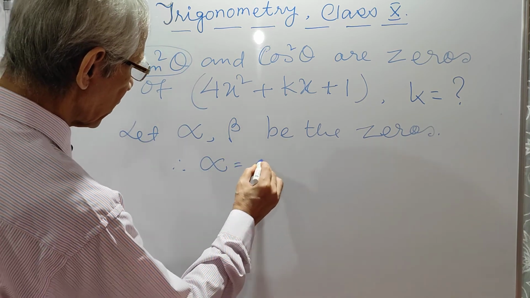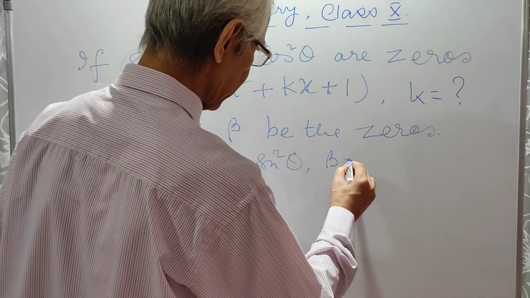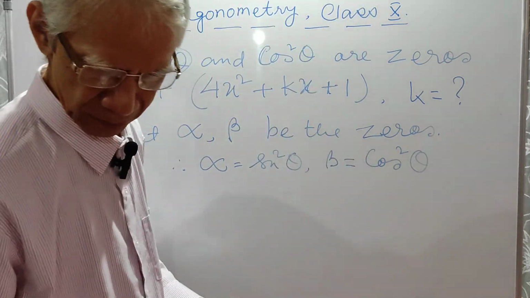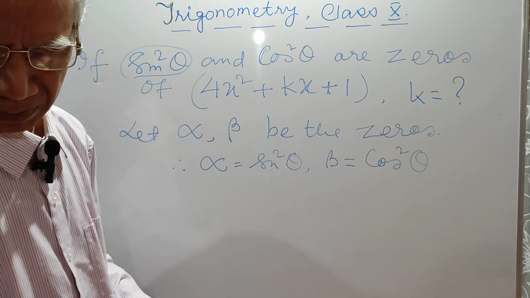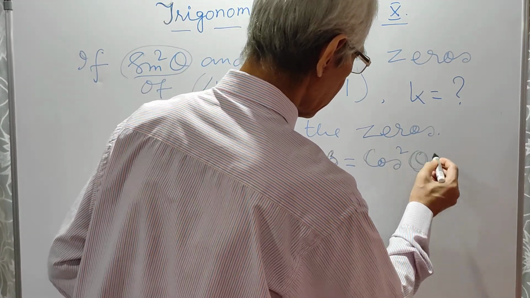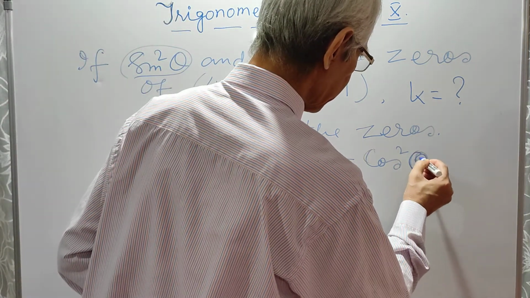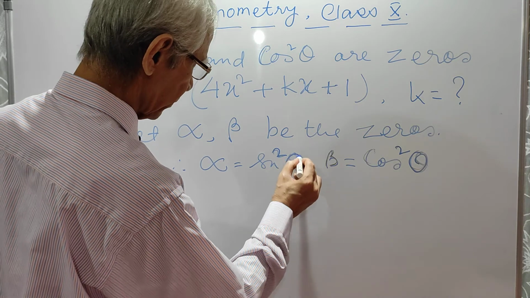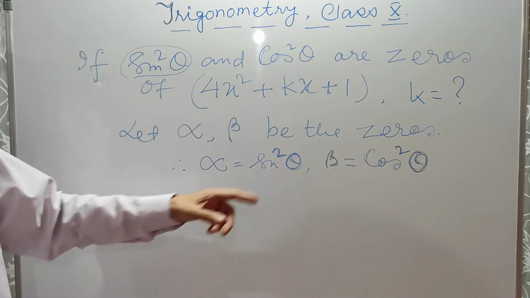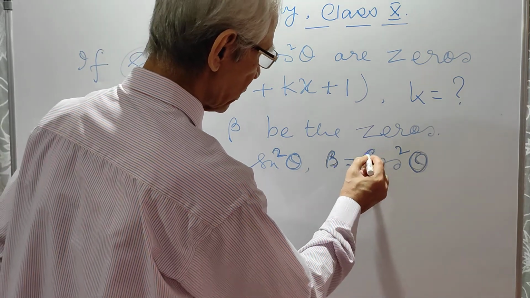Therefore alpha equal to sine square theta, and beta equal to cos square theta. Okay. So alpha and beta are the zeros. We take sine square theta as alpha, and beta equal to cos square theta.